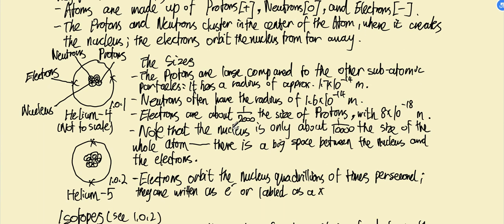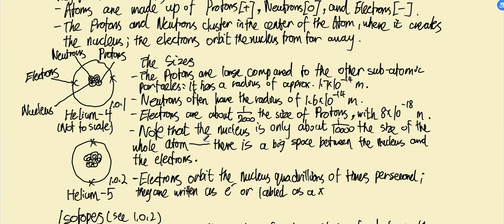Electrons don't have an exact size because we can't measure them. They're moving so fast, quadrillions of times around the atom, that we can't really spot them. They are about 1 over 2000 the size of protons, even smaller than the protons and the neutrons.